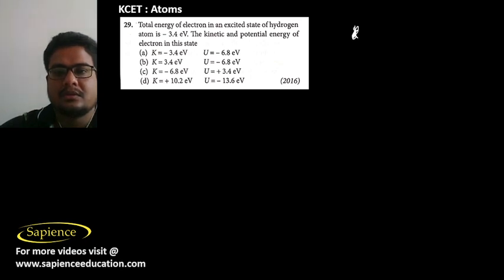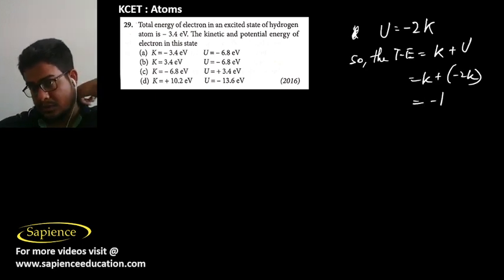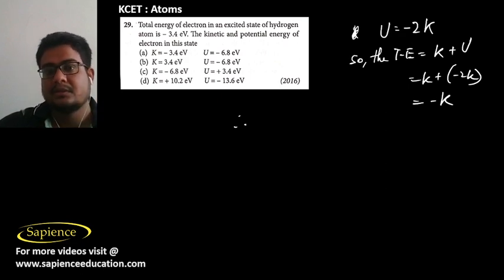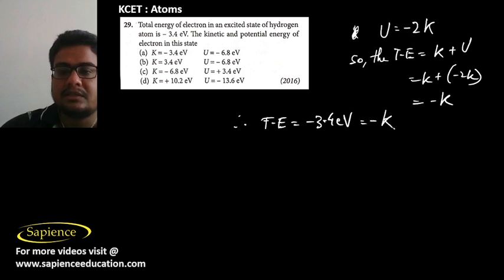The total energy equals kinetic energy plus potential energy, so that will be K plus minus 2K, which equals minus K. Therefore the total energy given, minus 3.4 electron volt, is nothing but the negative of the kinetic energy.